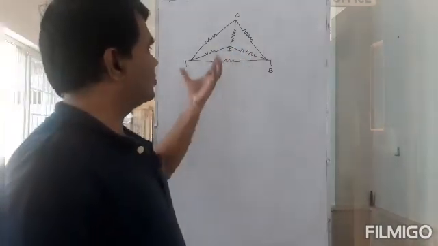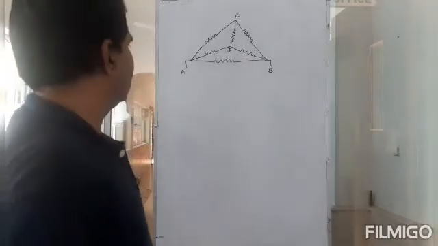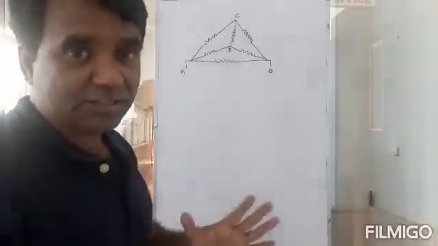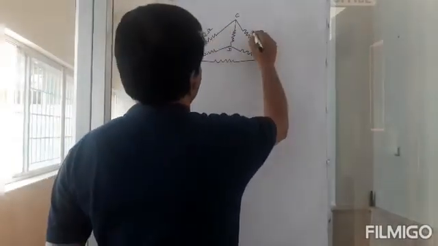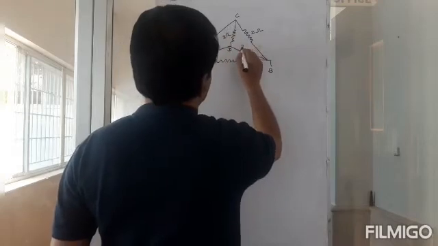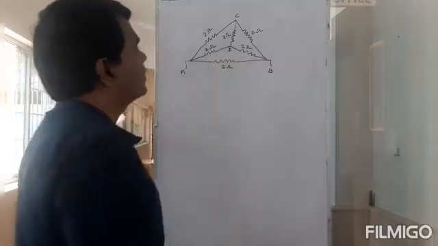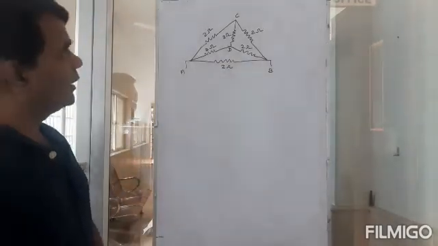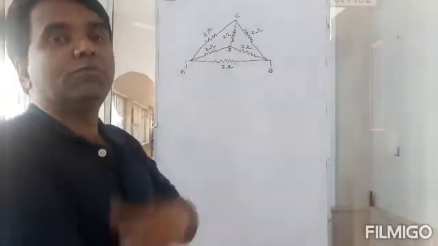Now they will want you to find the effective resistance between A and B. Let us suppose all these resistances are equal. Maybe this is 2 ohms, and this is also 2 ohms, and this is 2 ohms, and this is 2 ohms, and this is 2 ohms, and this is 2 ohms. Now you need to find the effective resistance of this. Then how do we do this?